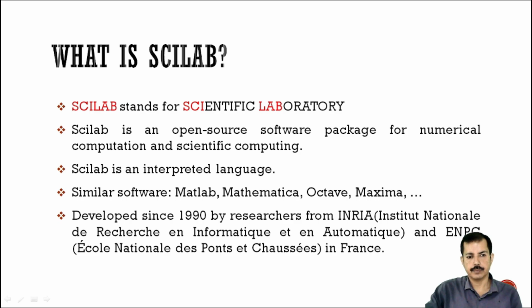Scilab is an open source software package for numerical computation and scientific computing, which is under the GPL license. It is widely used for data analysis, algorithm development, modeling, and simulation. Scilab is an interpreted language, and it is similar to MATLAB, Mathematica, Octave, and Maxima.